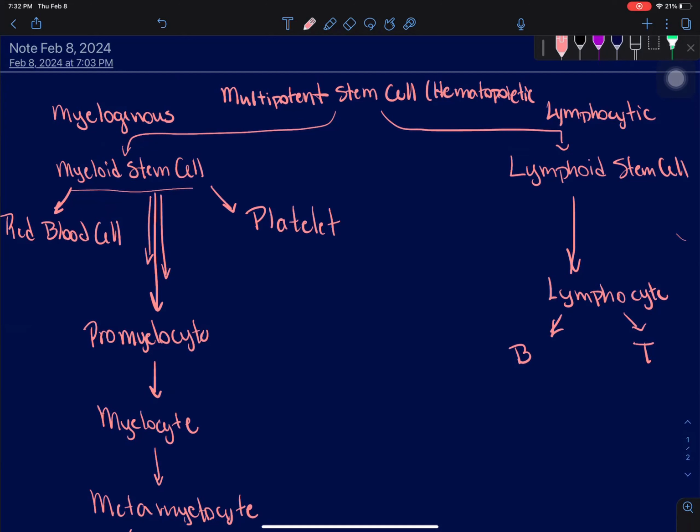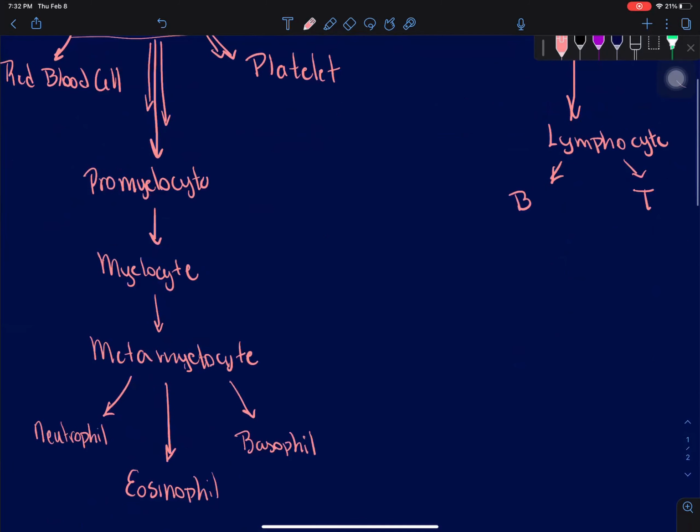If ABL can just go in and activate PI3K without a survival signal, then you continue to trigger cell survival and your cell is not going to die. What happens? You have overproduction of platelets, promyelocytes, myelocytes, metamyelocytes, and all of your granulocytes. All of them are going to be overproliferative.